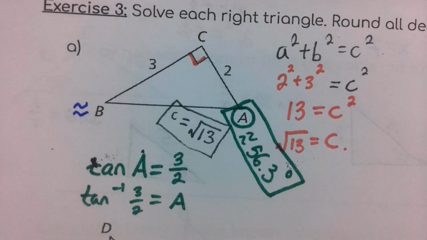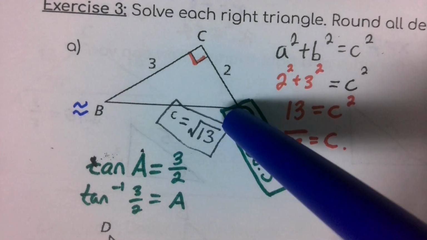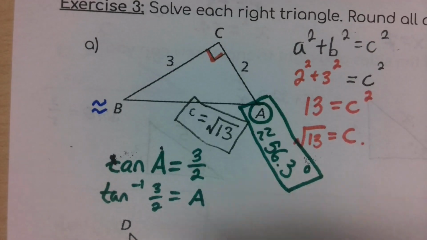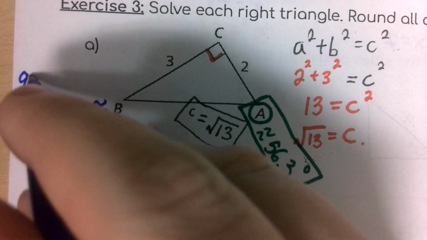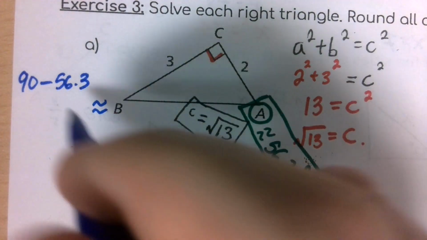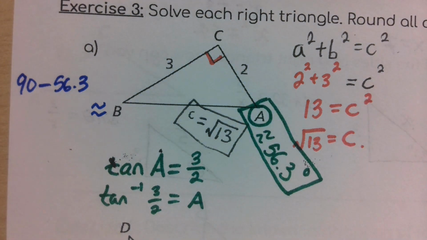So to solve for B, really all we need to do is ask, what should B be to make 180? Or, if you want to use the shortcut, remember that these two acute angles should add up to make 90. So 90 minus our other angle, 56.3, will equal what angle B is.